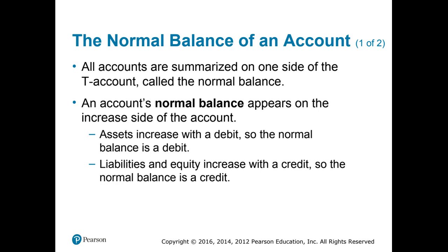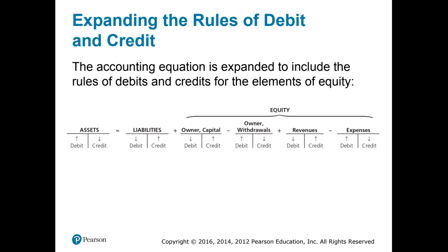When we look at the T accounts, remember a couple slides back, we talked about how assets increase with a debit, decrease with a credit, liabilities decrease with a debit, increase with a credit. So when we talk about normal balance, we're saying, is the normal balance of the asset account on the left side, the debit side, or on the right side, the credit side?